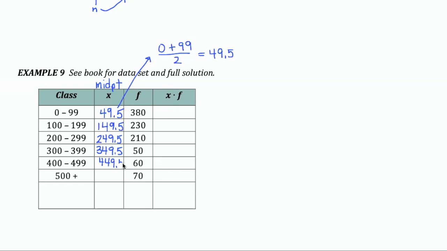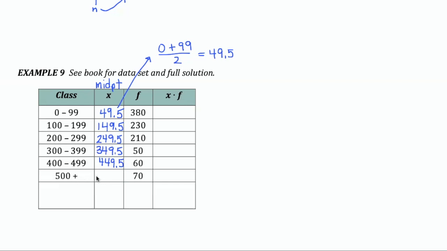Now, there is one wrinkle here at the end. You can see there's a category for people who spend more than $500. So if I'm trying to find the midpoint, I don't have an upper value here to average with the 500. So you're supposed to choose a value to represent the midpoint, keeping in mind numbers could go as high as 600, 700, 800.